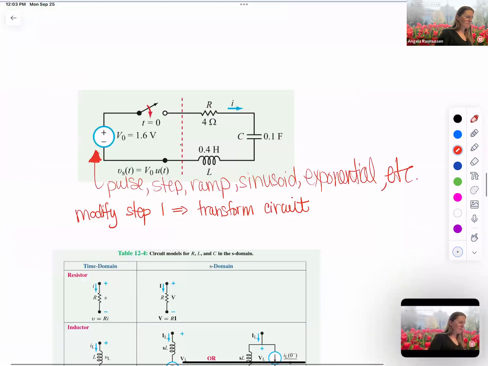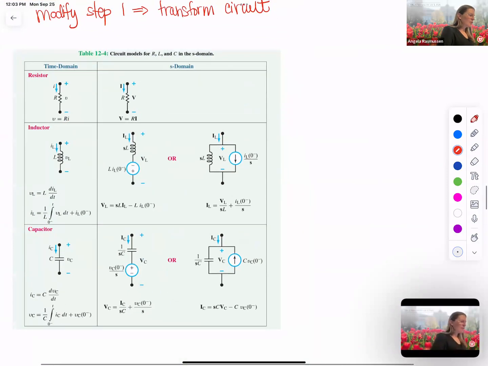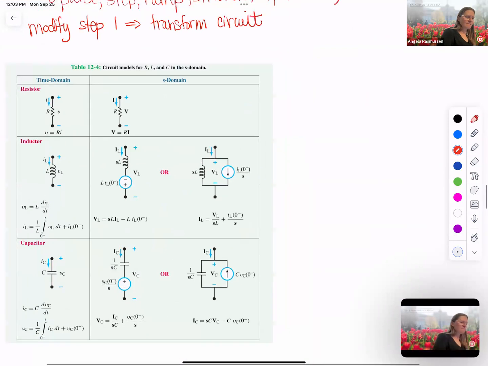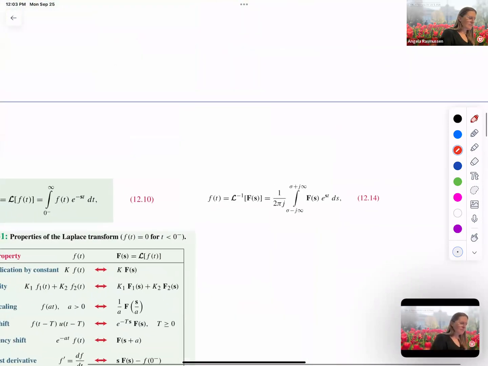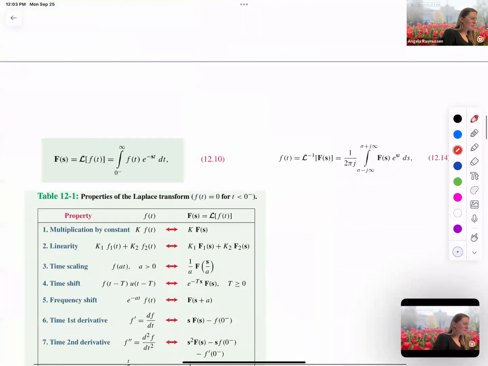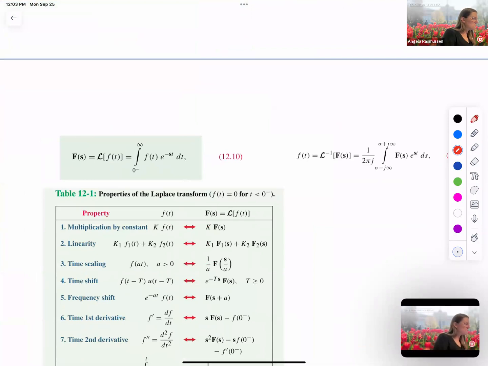So if you remember, we have, copy these. Okay, so the Laplace, let me back up to the Laplace.